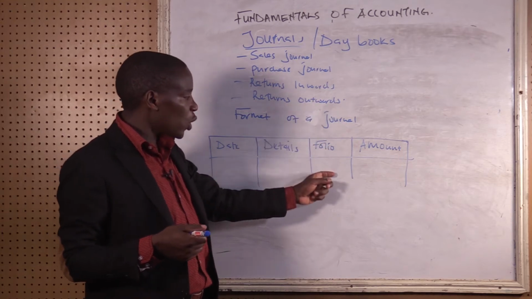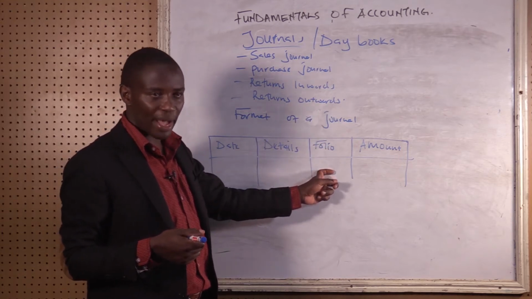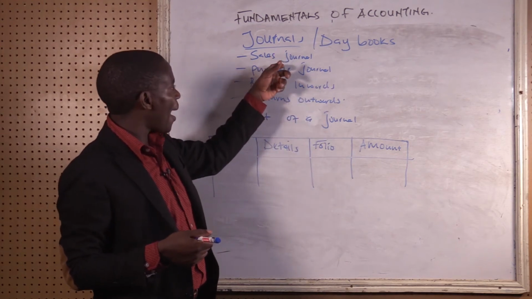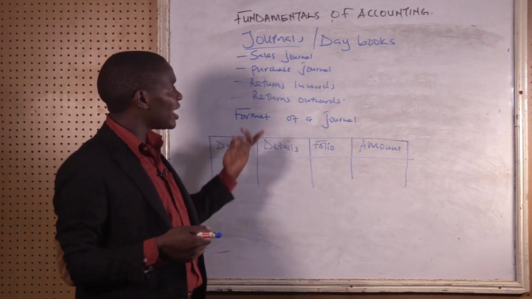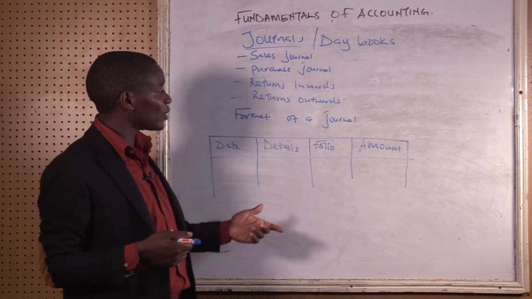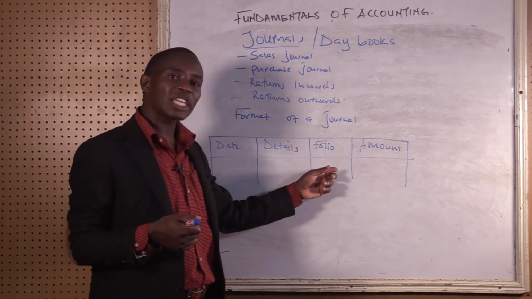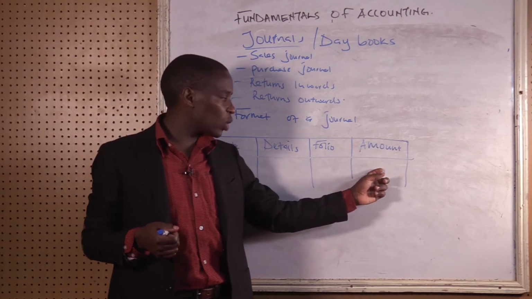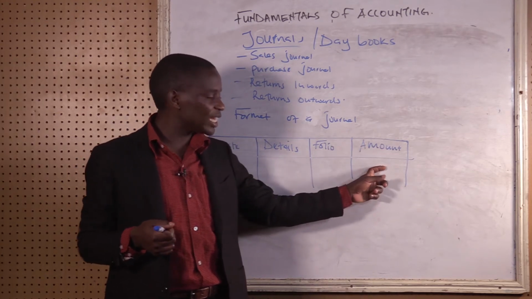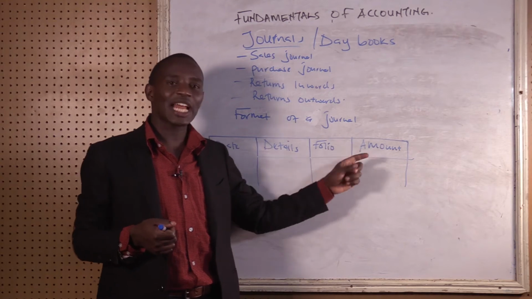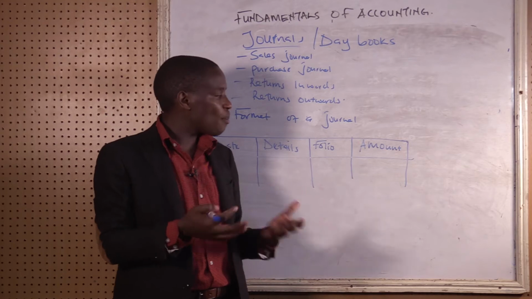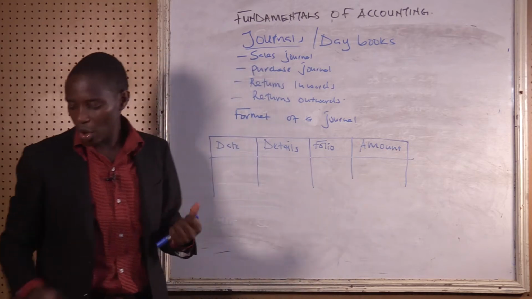Then the folio: we record the page number or the invoice number for the sales and purchases journal. For the returns journals, we record the debit note number or the credit note number. Then the amount column: how much was the transaction worth?